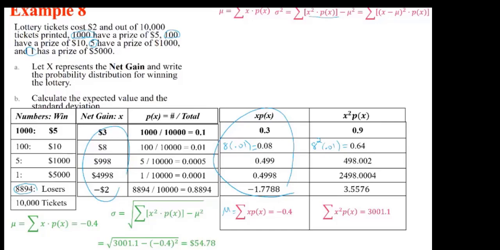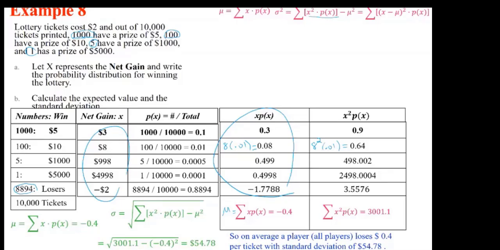So the interpretation is, on average, all players, everybody loses an average of 40 cents, or $0.4 per ticket, with a standard deviation of 54.78. It's important to understand, on the average, everybody loses, including all the winners. So I want you to see the concept. And that's how many things are calculated.